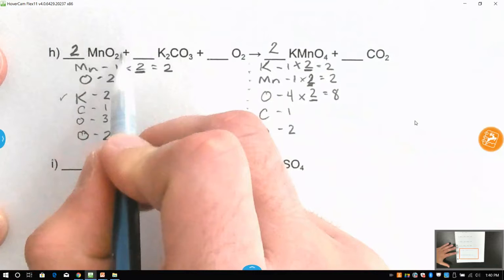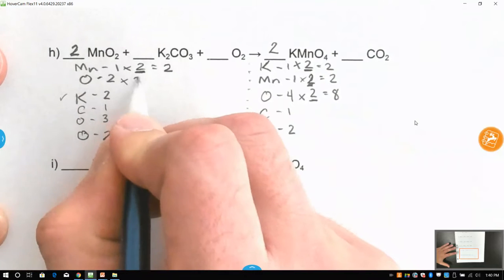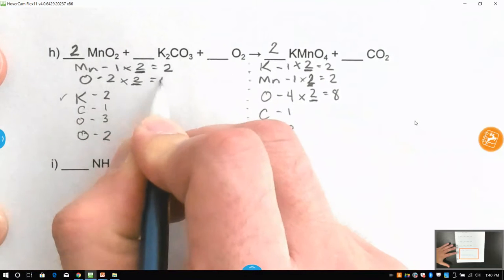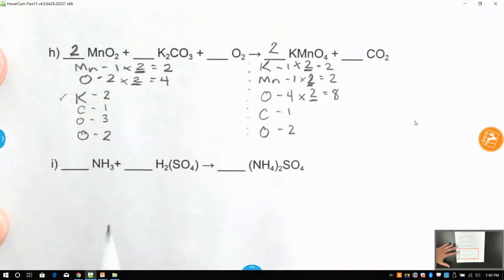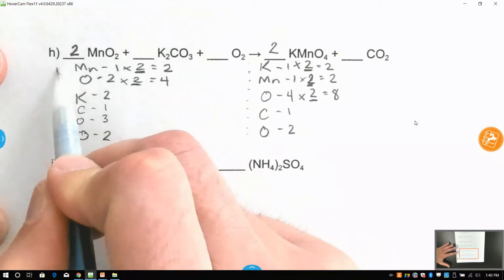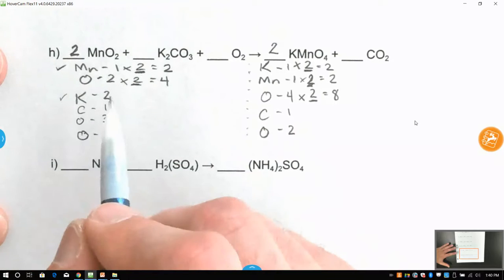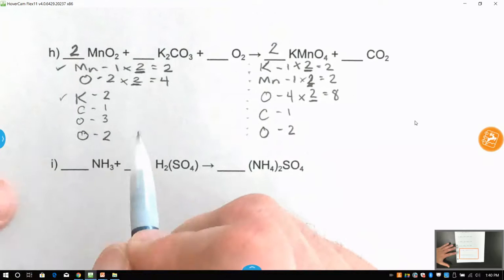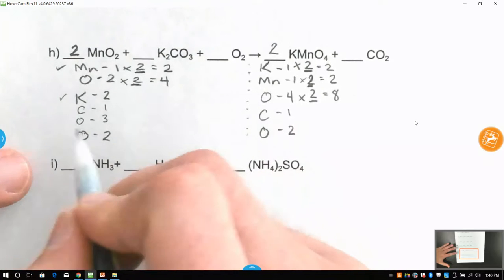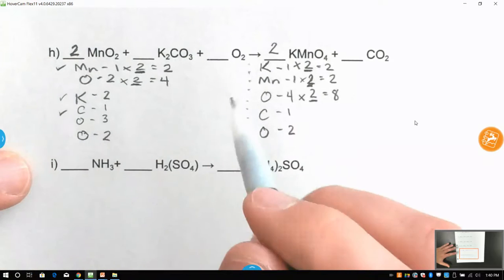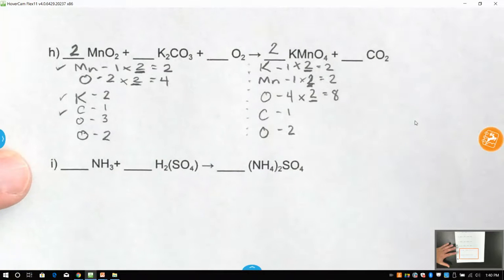This 2 affects the whole compound, so this oxygen also has to be multiplied by 2, which gives us here a total of 4. So your manganese, are they balanced? Now, yeah. So we have manganese, potassium balanced. Carbon are currently balanced, right? Okay, well, the only thing that's unbalanced right now is oxygen.